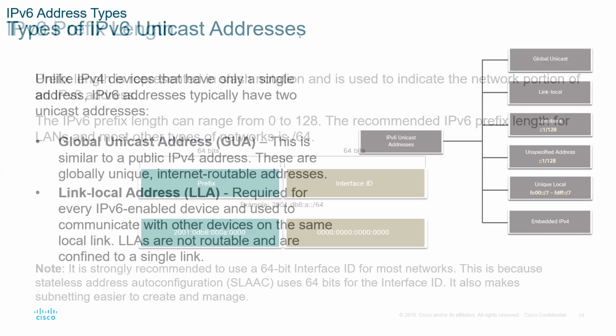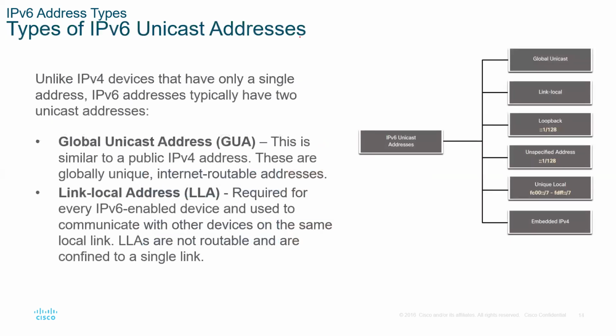Right, types of IPv6 unicast addresses. Unlike IPv4, that has only a single address, IPv6 typically has two: global unicast and link local address.